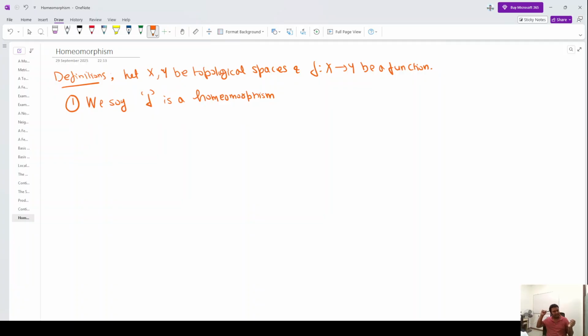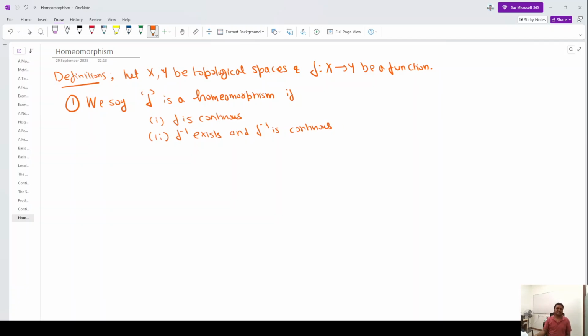So we have a structure, and we have a map. So what is a homeomorphism? We say f is a homeomorphism if number one, f is continuous. Number two, f inverse exists and f inverse is also continuous.